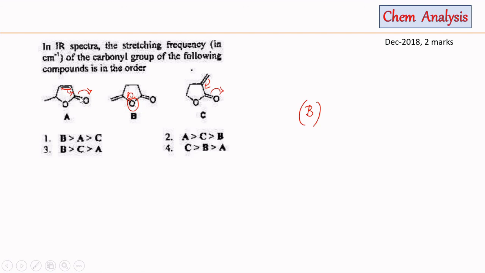Therefore the decrease of carbonyl stretching frequency in A will be higher than that of C, and therefore C will have higher stretching frequency than that of A, and the order of higher stretching frequency will be this: B will be highest, then C, then A, and we can see that option number 3 is the correct answer. So that's all for this discussion.